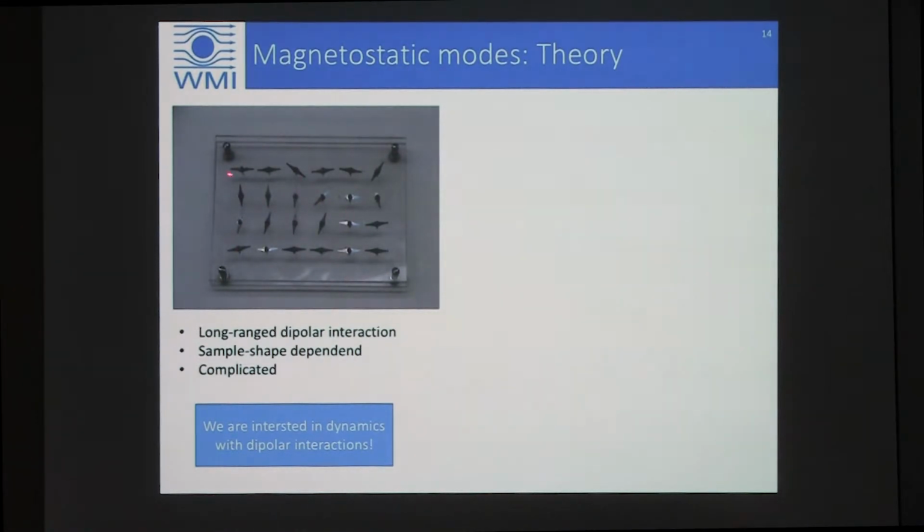It's going to be dependent on the shape of the sample, whether it's rectangular, cubic, or spherical. It's going to look distinctly different. But in any case, it's going to be very complicated, right? So nobody would be able to just say, okay, this is how it has to look, the equilibrium orientation. So it's complicated. Meaning, if you want to know the theory, you have to read papers from the 1960s.